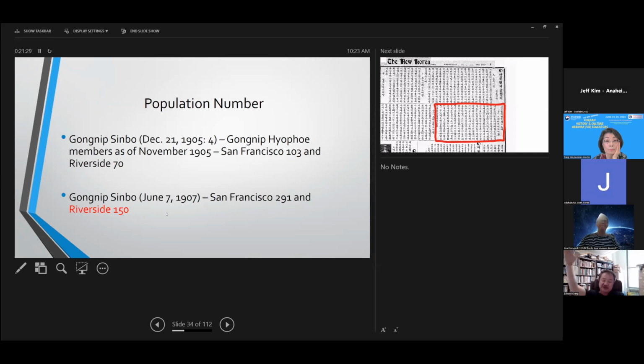So at the peak season, it could be more than 300, which is a significant number because at the time, the total Korean immigrant population in the mainland United States was no more than 800. Of that, 300 or more were living and working in Pachappa camp, which is very important.